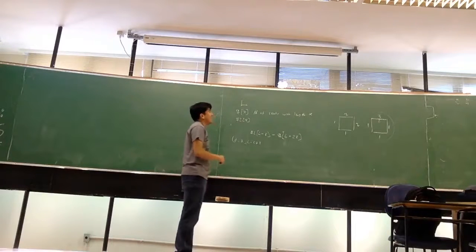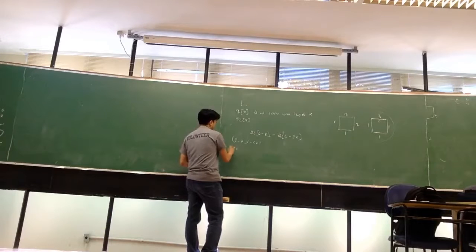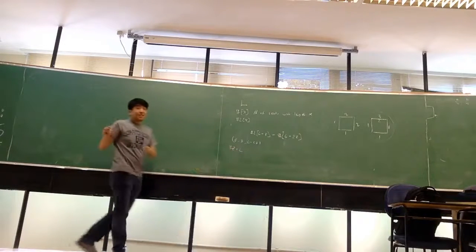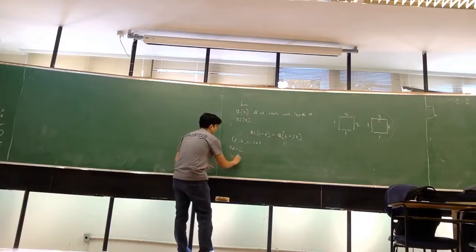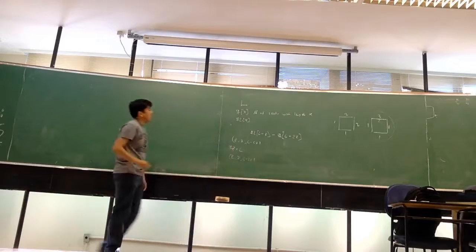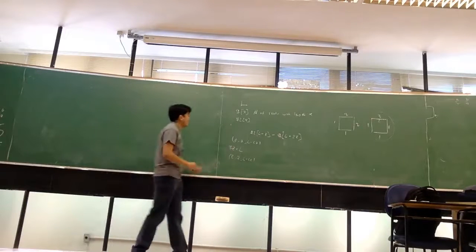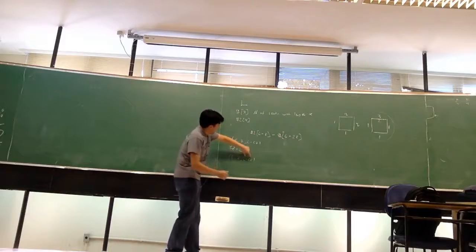You have to be careful about the case where 3z equals L. Because in this case, you will be subtracting twice the case where this guy is also equal to z.